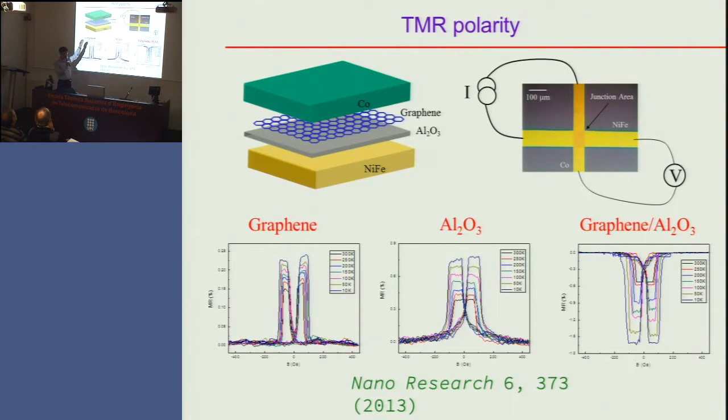The reason I'm using two different kinds of ferromagnet is because nickel has a lower switching field than cobalt, so by sweeping the magnetic field, I can make either parallel or anti-parallel.